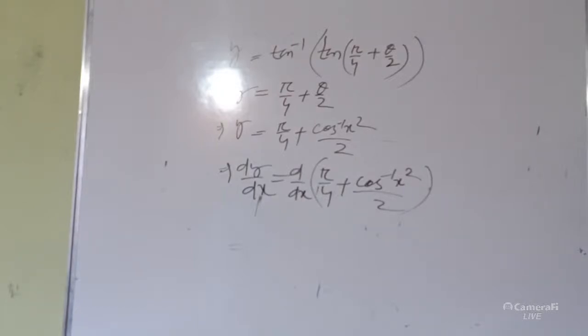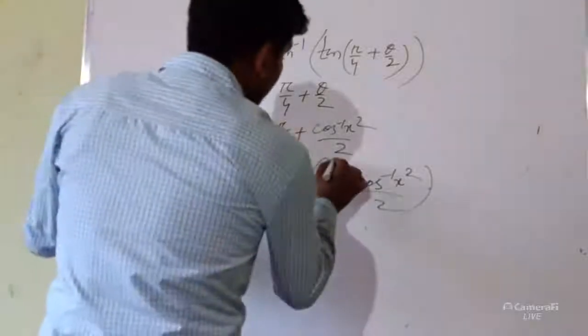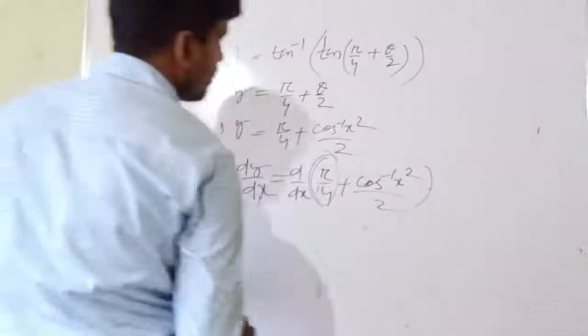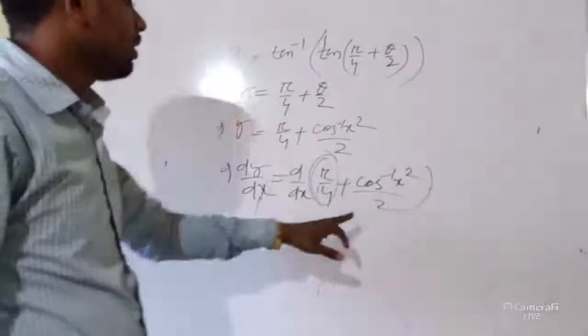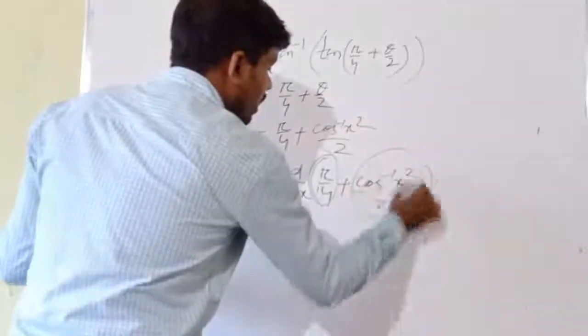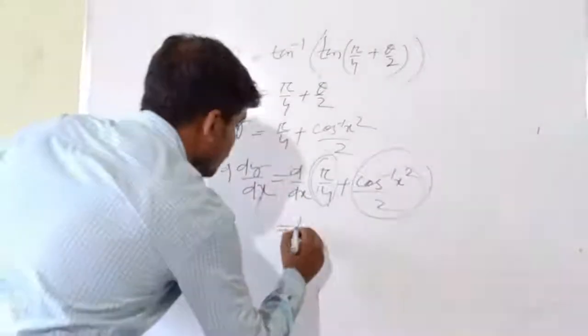Any doubt? Now this pi by 4 is constant, so its derivative is 0, and here half of cos inverse x square. This half is constant.